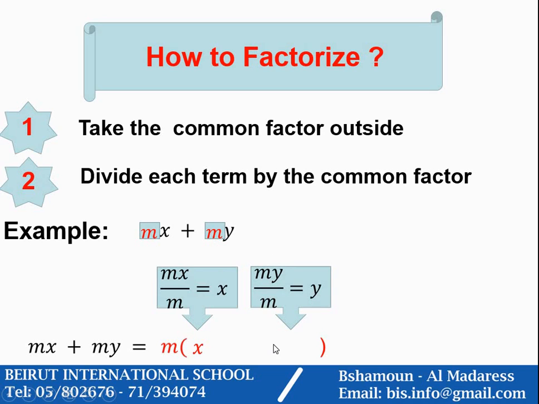So you write here plus y. So the factorization of mx plus my is m into x plus y. Here, you have nothing between these terms, so you have multiplication, so it's a product of factors, so it's factorization.